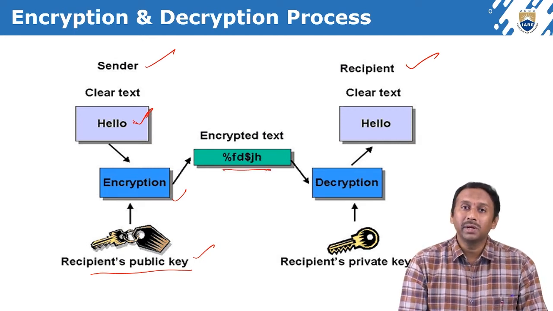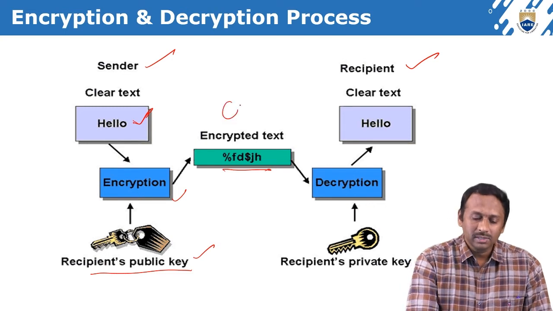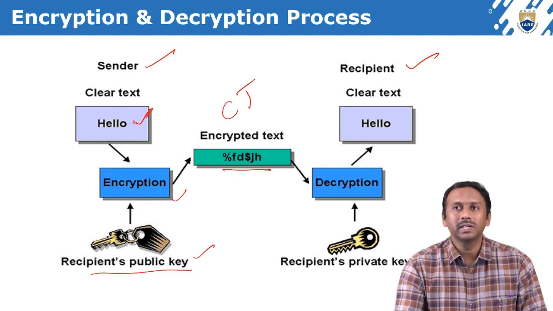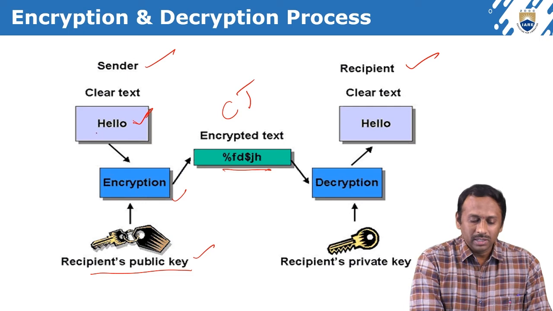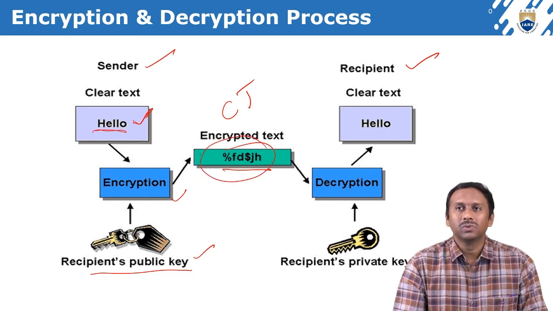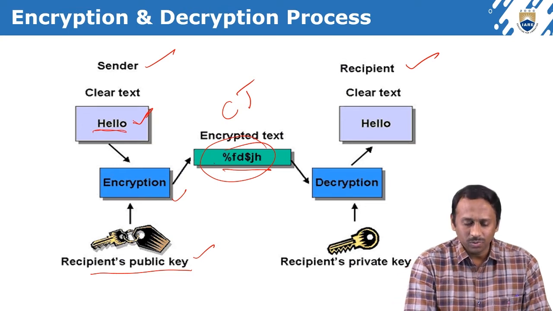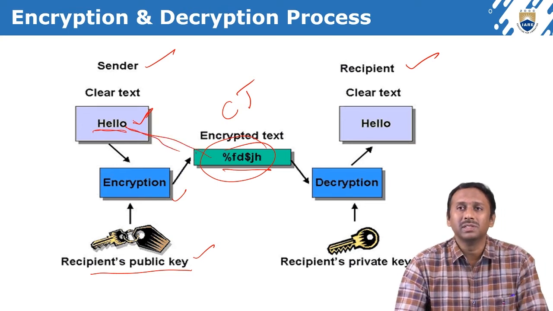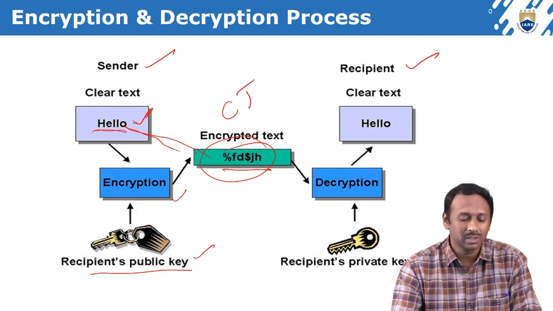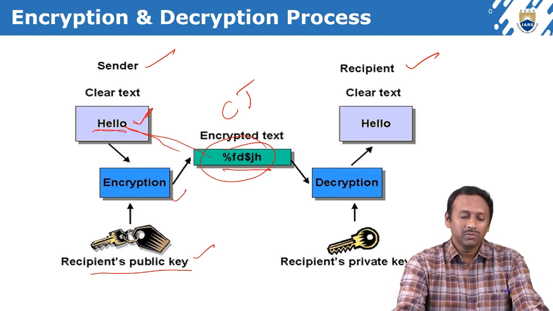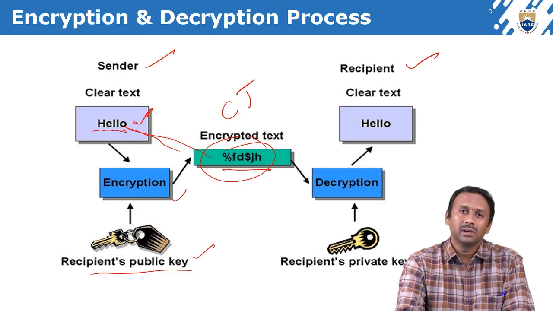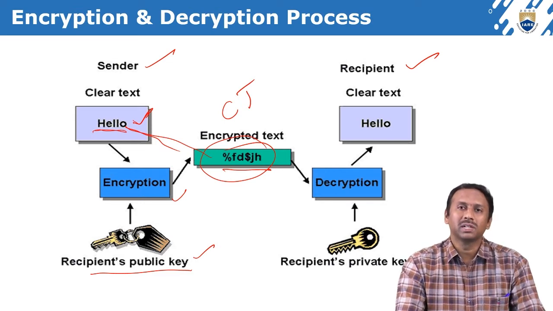This encrypted text we can also call ciphertext, right? See here, hello is there. What does the ciphertext look like? Percentage FD $JH. There is not even one letter that matches these symbols. In this one word there is no symbol or character matched with this encrypted text.